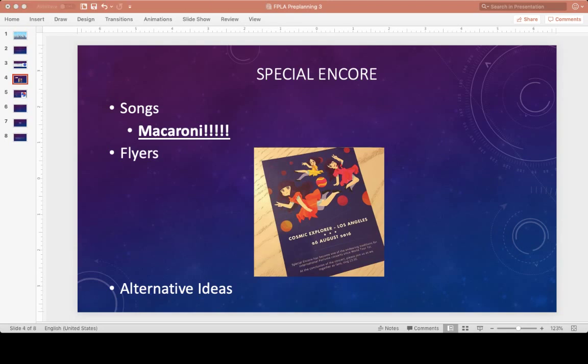We would have them on our phones and hold them up. It was a good idea, but we couldn't really contact the whole theater to do that, so we just went with regular special encore. But if you guys have any other alternative ideas, we'd be happy to entertain it. It doesn't matter what it is, just throw it out there. Could be completely undoable, but those ideas might lead to other ideas.